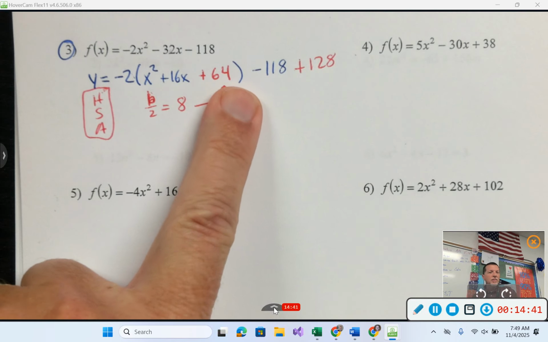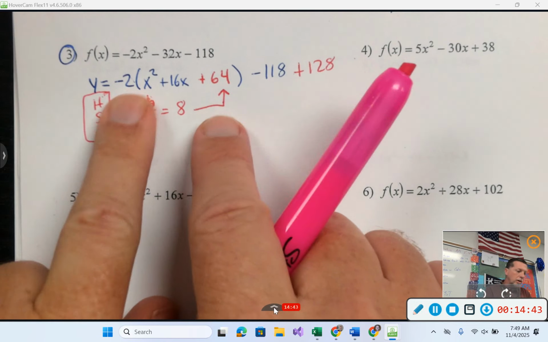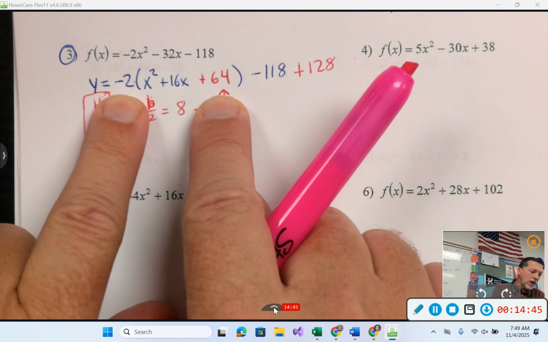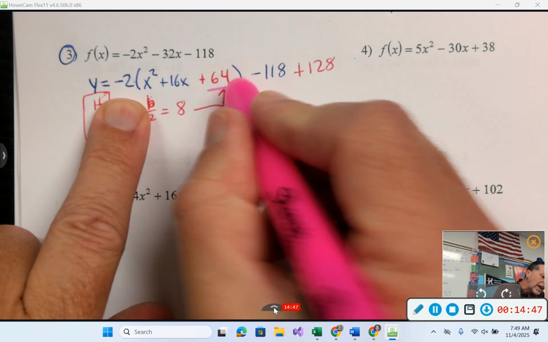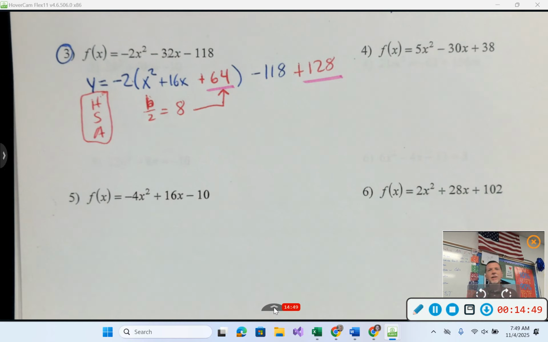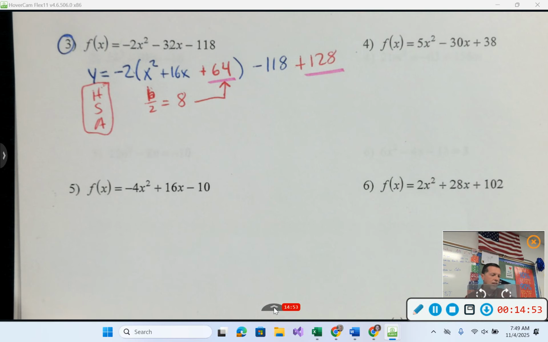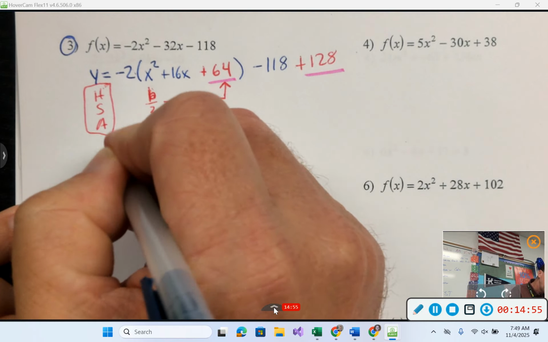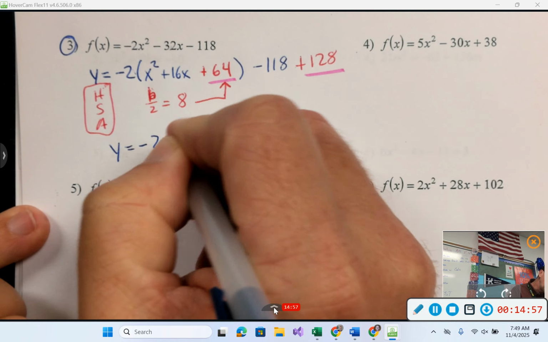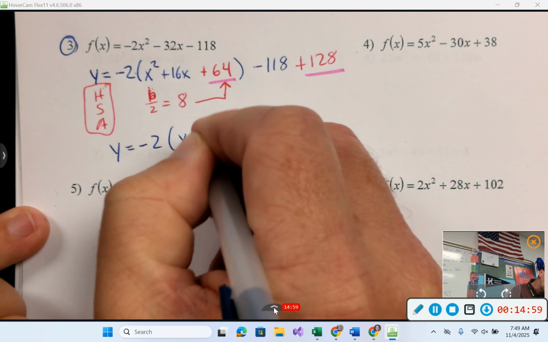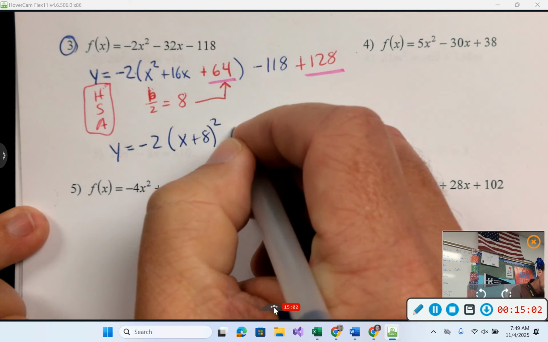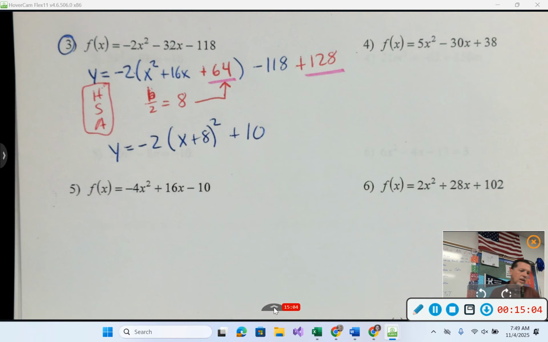So I wrote plus 64, but what that did was subtract 128, and so to counter that, I need to add 128. This is my least favorite part. That's easy from here. So x plus 8 squared plus 10.